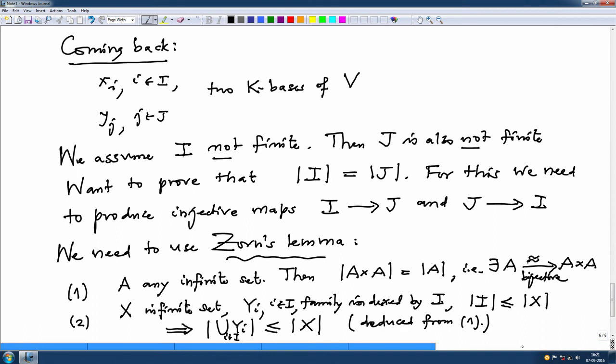So, both these I will not give the proofs, but use this to prove that cardinality I equals cardinality J.